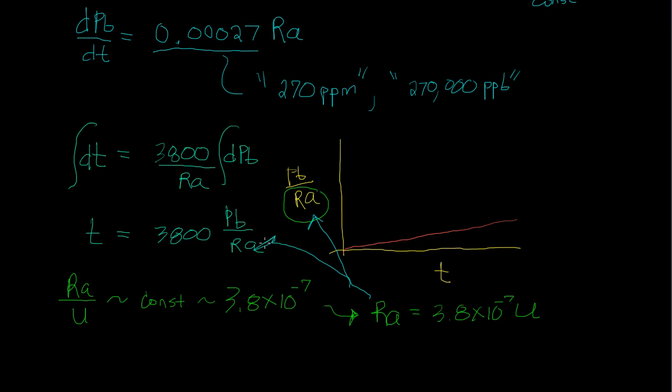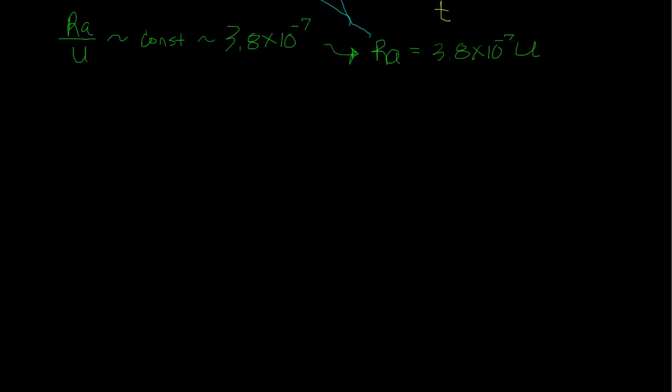So, in other words, I could write that T is equal to 3,800 times the concentration of lead divided by the concentration of radium, but then I'll substitute that.